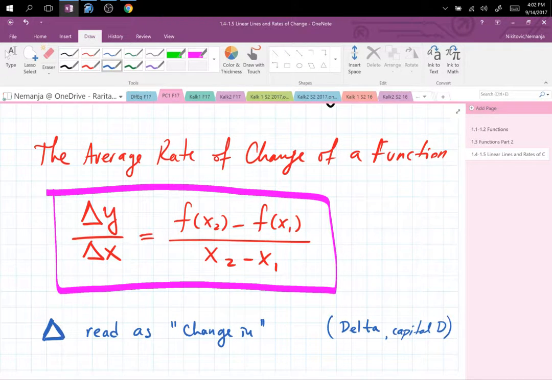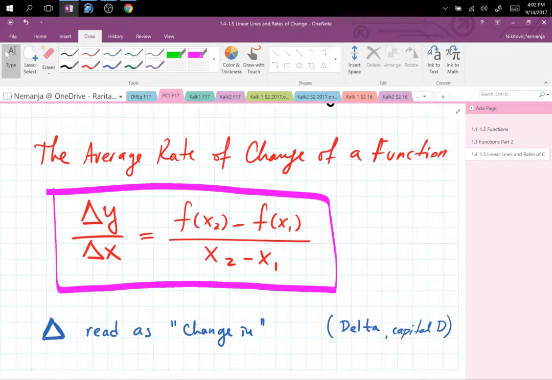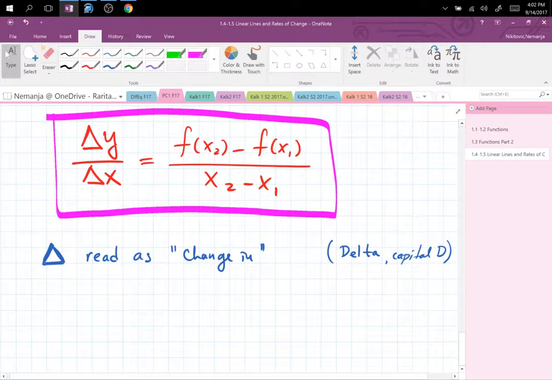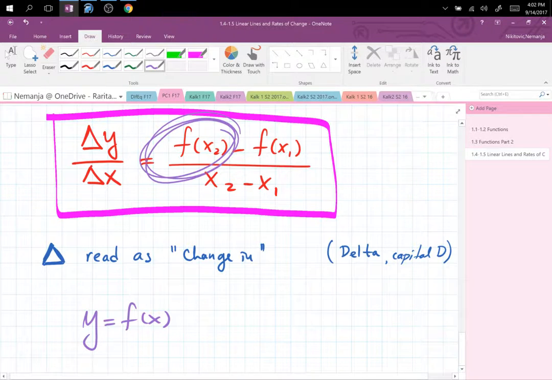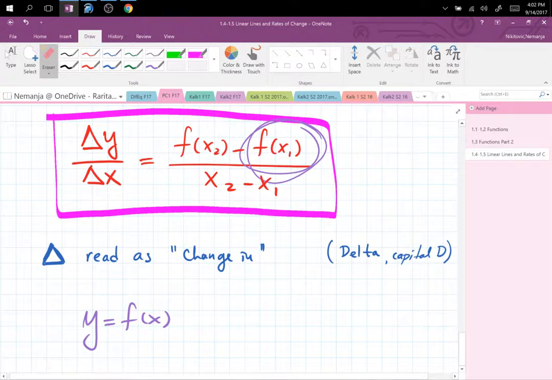Now, how is this related to slope? Well, on day number 1, you will recall that y equals f of x. Now, wouldn't you agree that this is then y2, and the next one is y1? So there's your y2 minus y1 over x2 minus x1, which is the slope.